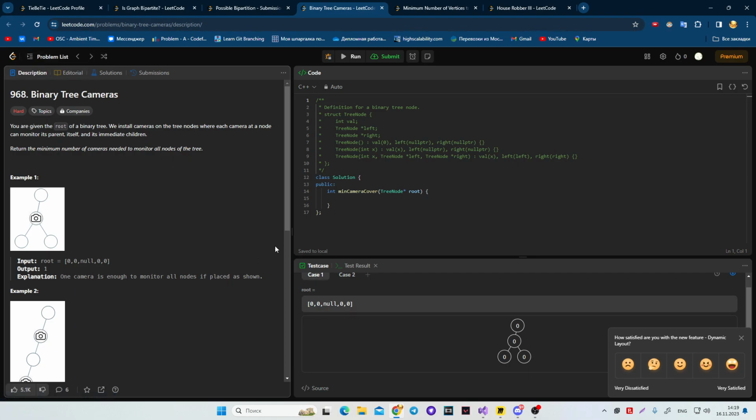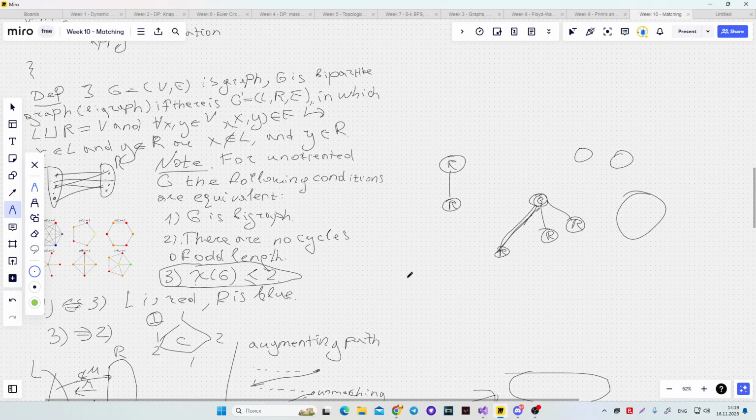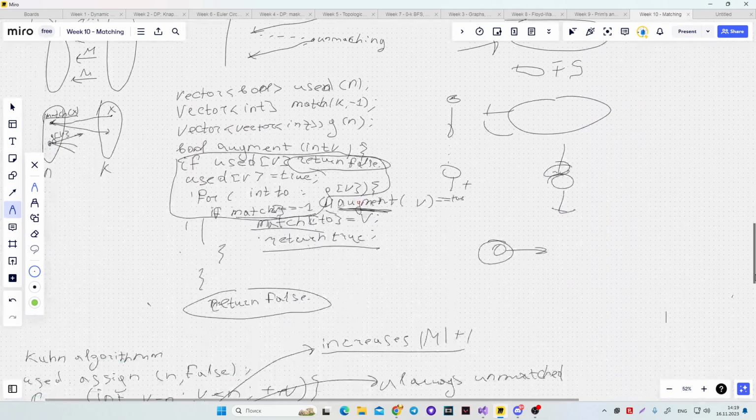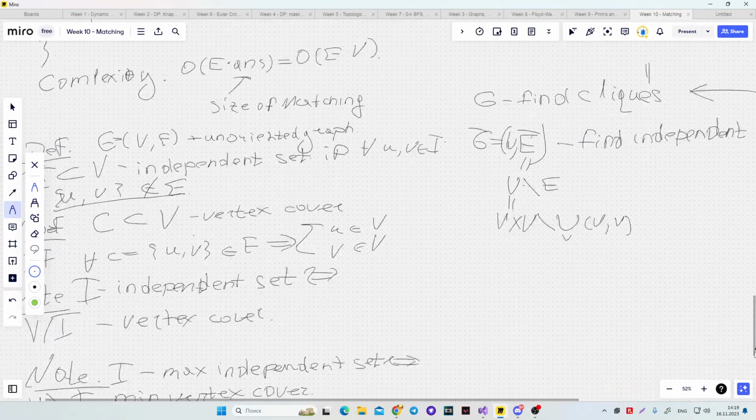I think if we consider any graph, we can use an algorithm that finds a vertex cover.